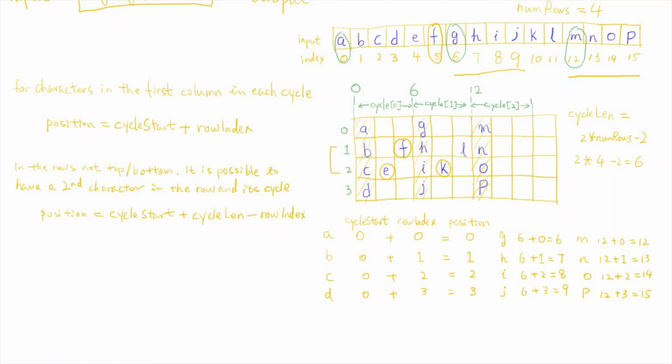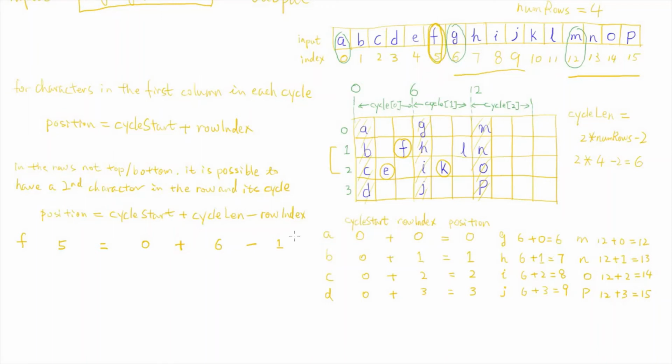For example, the character F. The cycle start for character F is 0, and the cycle length is 6. And the row index for letter F is 1. So the formula is 0 plus 6 minus 1, and it equals 5. So character F is at position 5 in the input string, which is here.